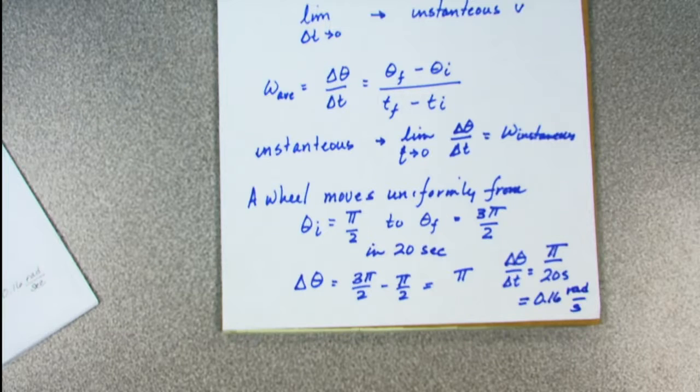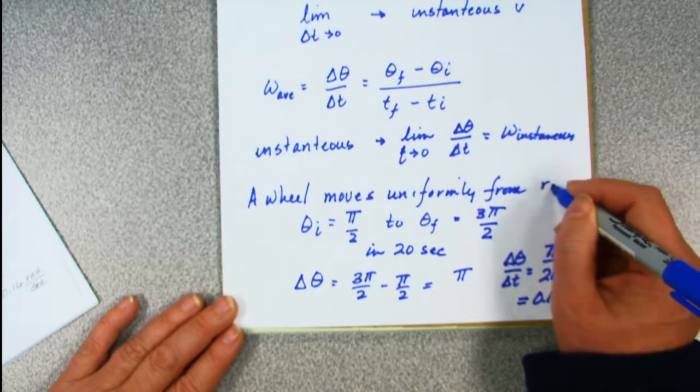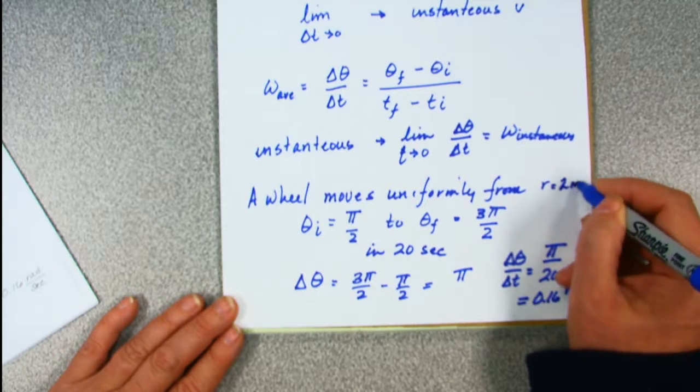If I wanted to know the linear distance traveled, I have to have some additional information. We need the radius. So let's say the radius equals 2 meters.